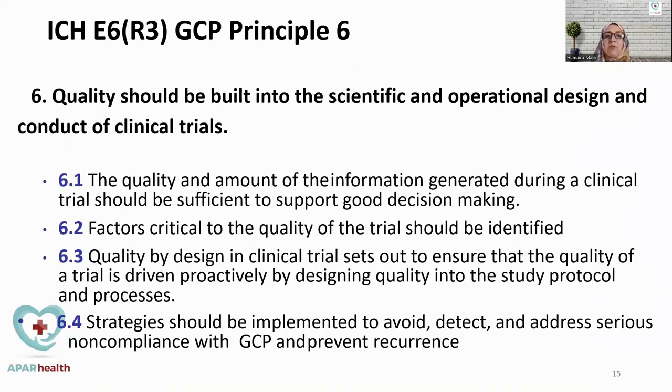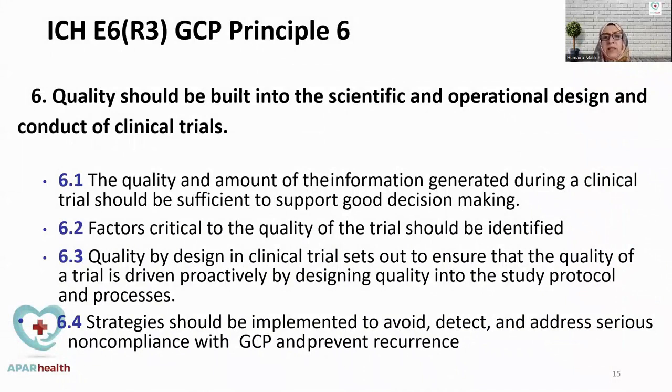The sixth principle talks about quality should be built into the scientific and the operational design and the conduct of the trial. So if we want a quality trial, that means the processes through which the trial has to move on and operate, they should be of quality.